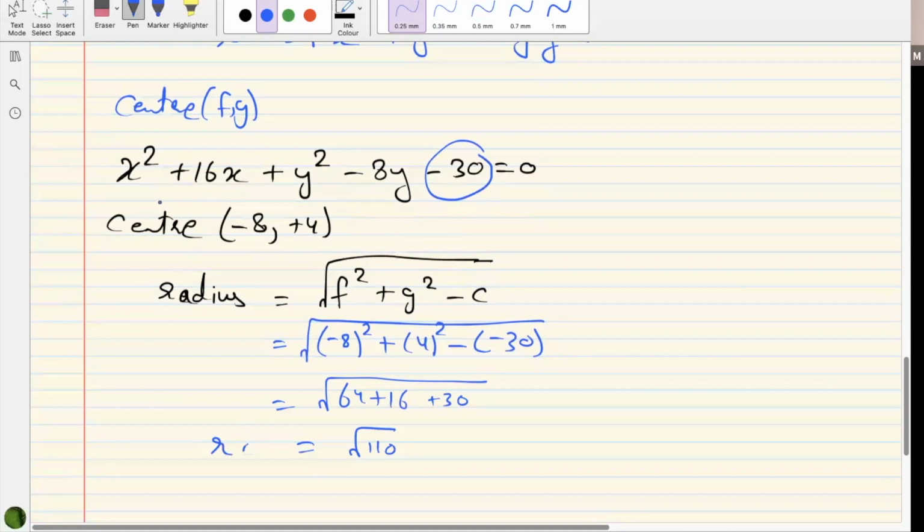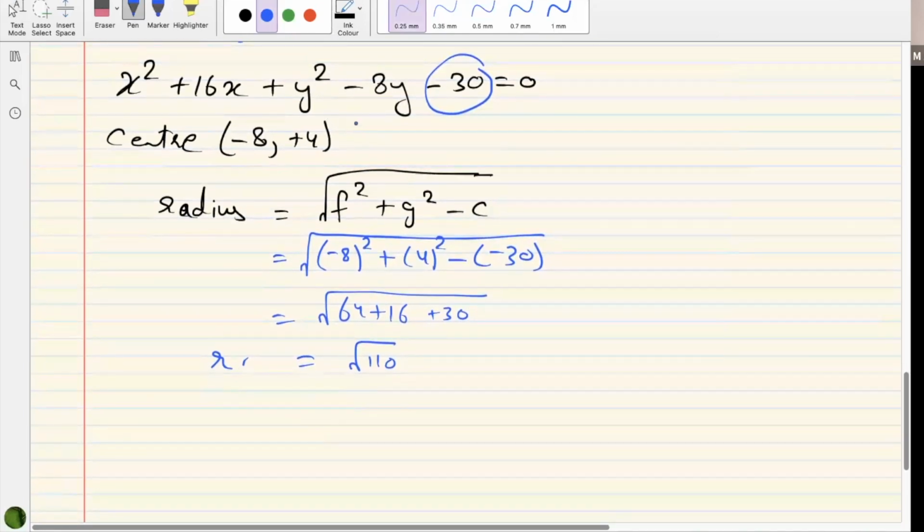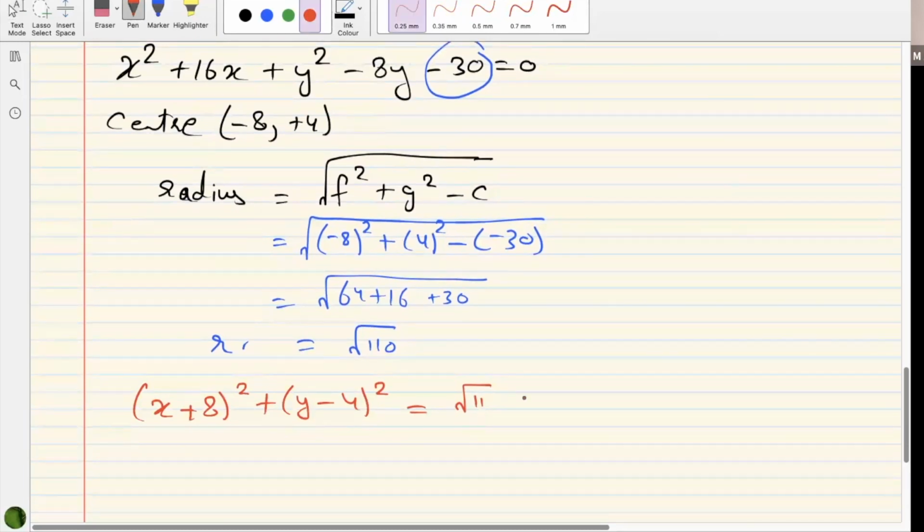So just by looking at the equation, you can straight away tell the coordinates of the center and the radius. Now the general form for the equation of the circle will be x minus 8 whole squared plus y minus 4 whole squared is equal to square root 110 whole squared.